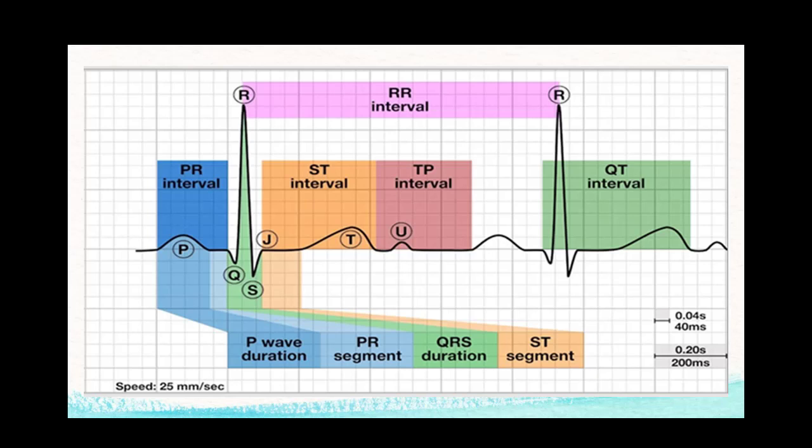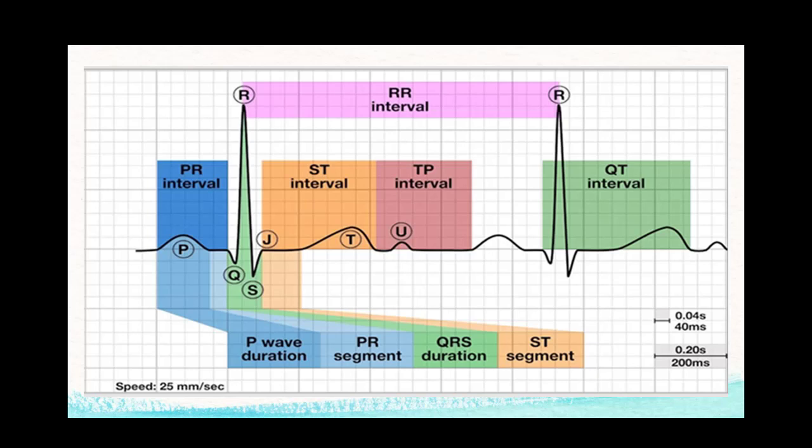So the T wave is ventricular repolarization. Ventricular depolarization is the QRS. Okay. And the atrial depolarization is the P wave. And it gets ready to fire again in the QRS.